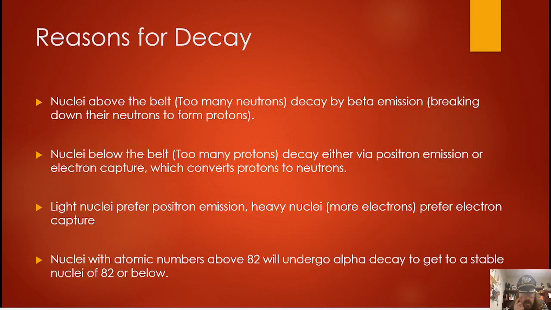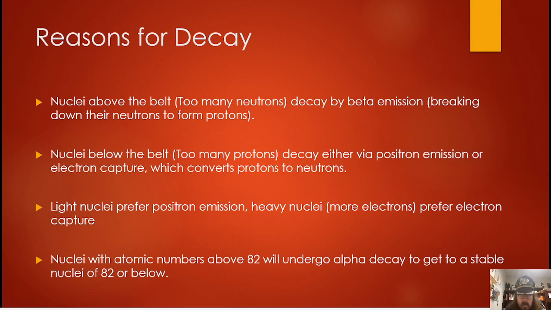And that's basically what I said. So above the belt, when we have too many neutrons, we break the neutrons and form protons. Below the belt, too many protons, the other way. And then here's the one thing I didn't mention.